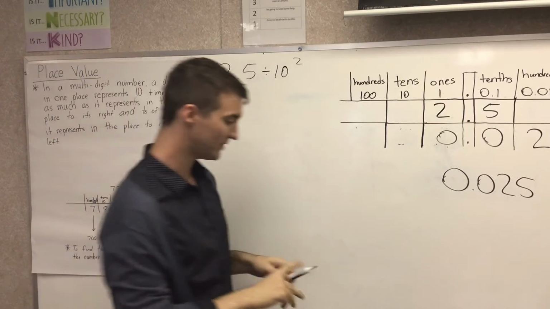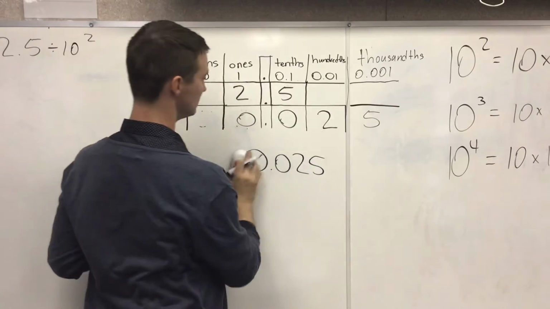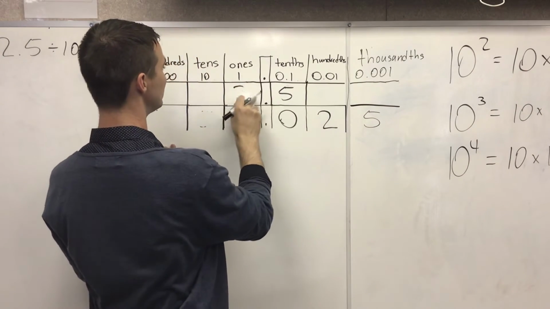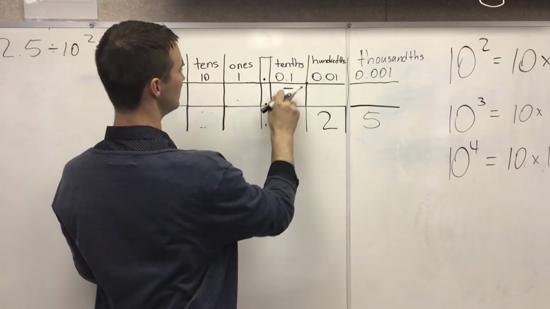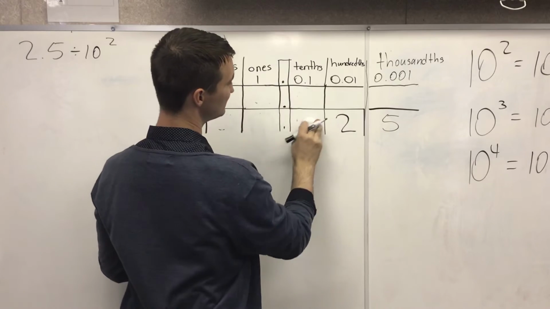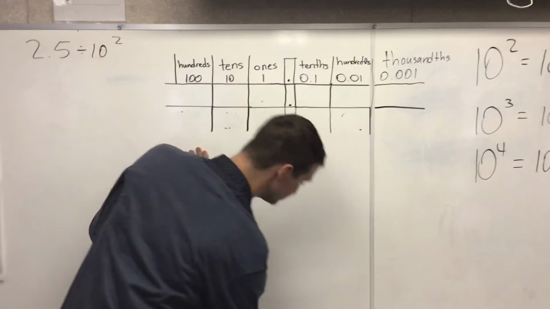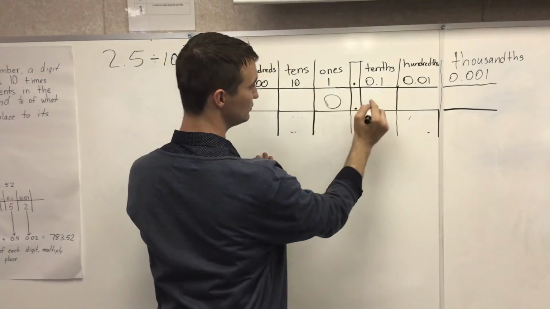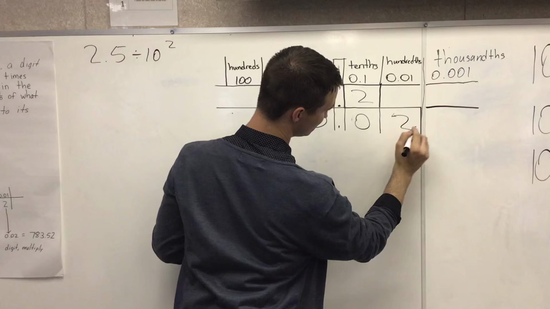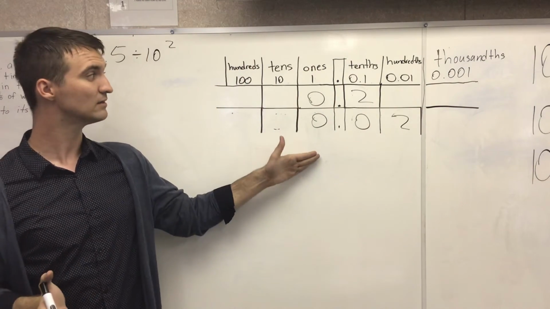Now, I do want to comment on one thing, and I'm going to get my eraser over here so I can erase this. A lot of students will look at certain numbers and they'll try to eliminate zeros, or they'll try to equate numbers that are not equal. And I'll show you what I mean by that. A lot of students will look at these two numbers and say they are the same thing, but they're not the same thing, okay?